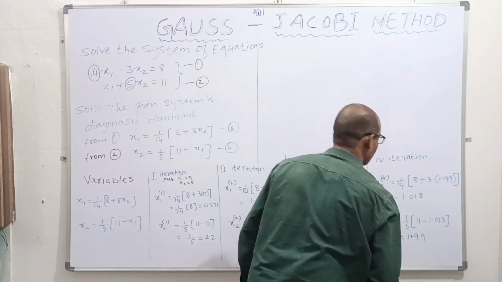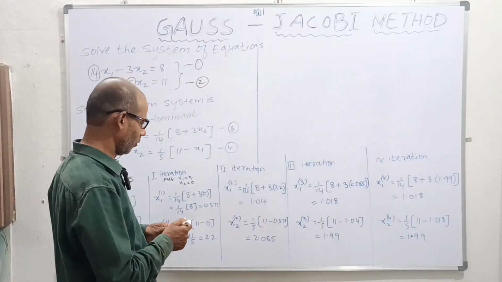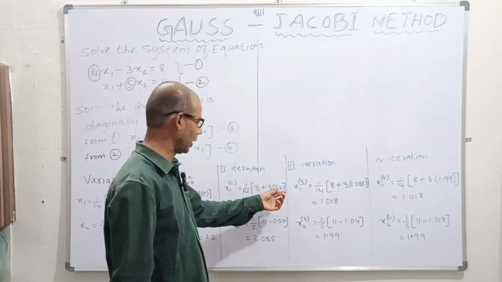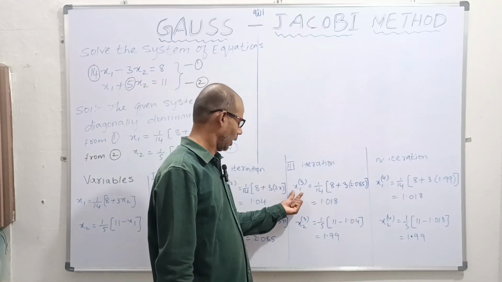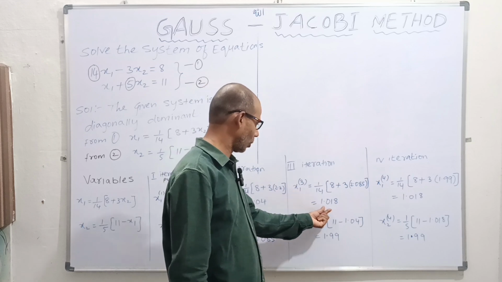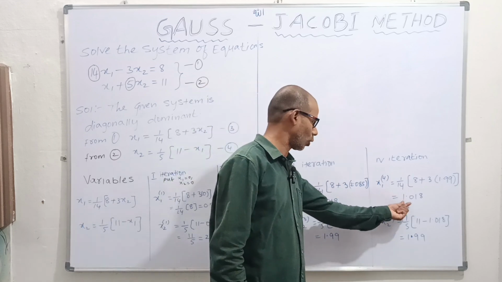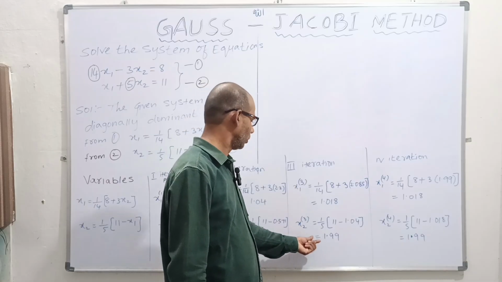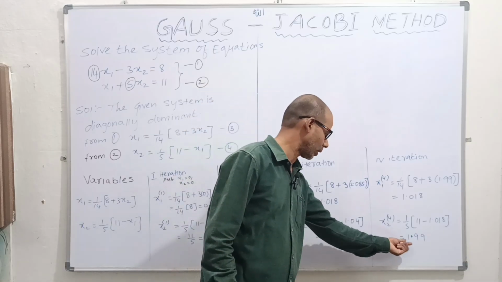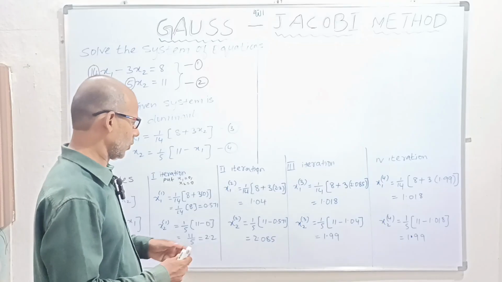Now if you observe the values of x1 and x2 from the third iteration and the fourth iteration, from the third iteration the x1 value is 1.018 and here also we got 1.018. The x2 value is 1.99, and the x2 value here is also 1.99.